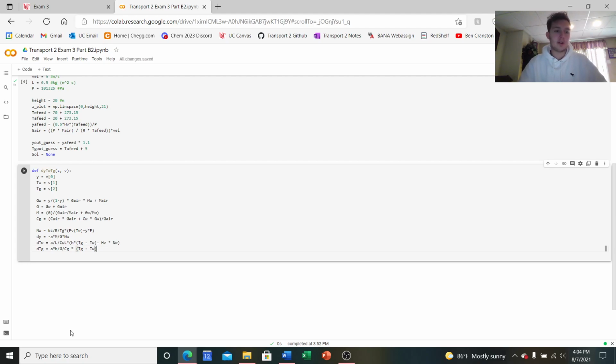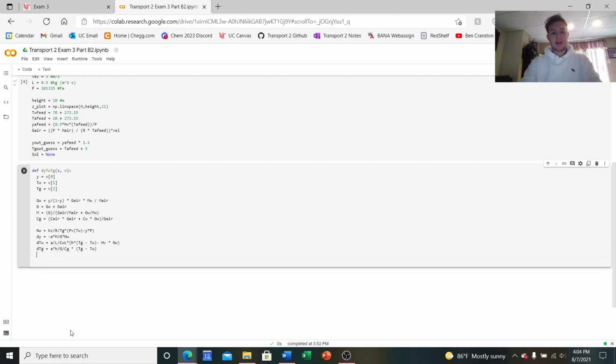If you have any issues figuring out how we got these equations, we derived them in part 4 of the exam, which would help explain where we got these. Now that we are done with setting up this function, or it's not called an equation, what's it called? Formula. It's called a formula in the code.